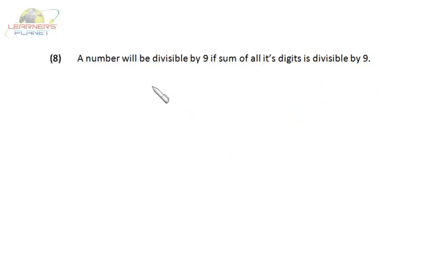Suppose I have a number 9281763. Now let's check whether this number is divisible by 9 or not. Just add up all the digits: 9 plus 2 plus 8 plus 1 plus 7 plus 6 plus 3.